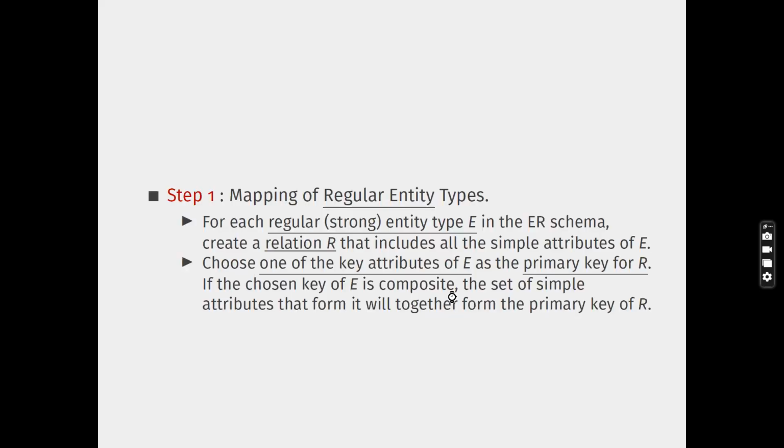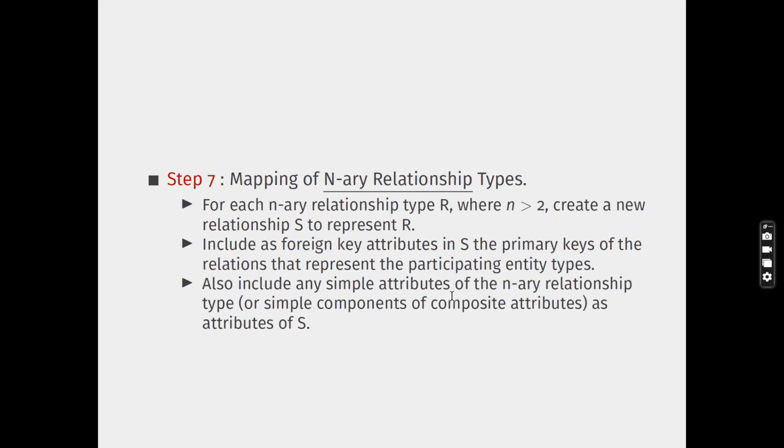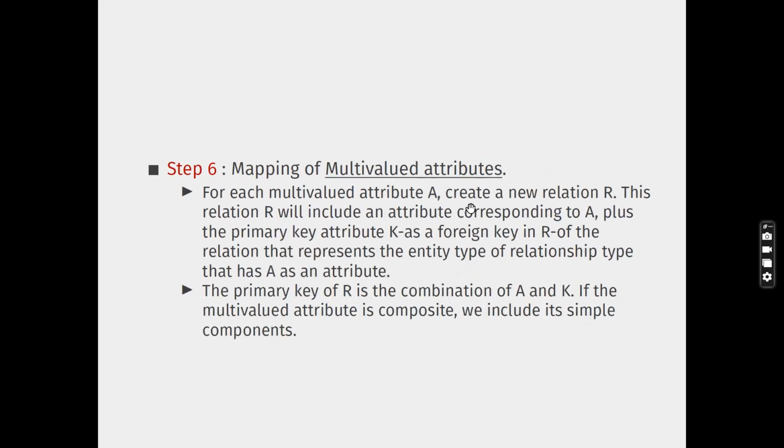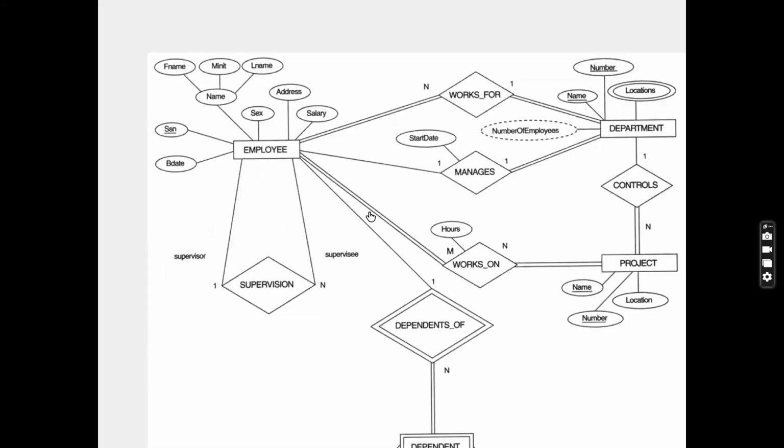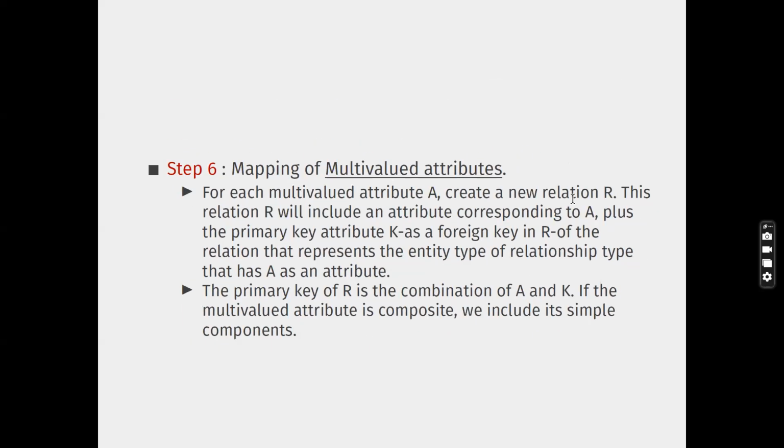Let's move on. Now we discussed the mapping. One thing I want to discuss is how do you map a multi-value attribute. Now I told you that when you transform, you should think only of the simple attributes. But sometimes you have a multi-value attribute, like in this case, the location, which means the department can have multiple locations.